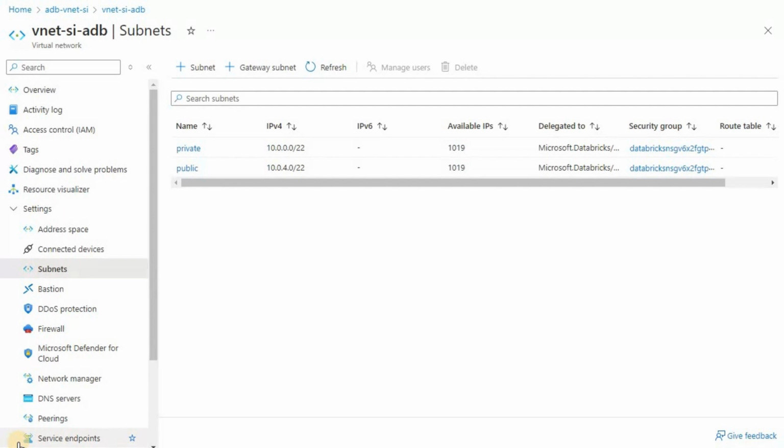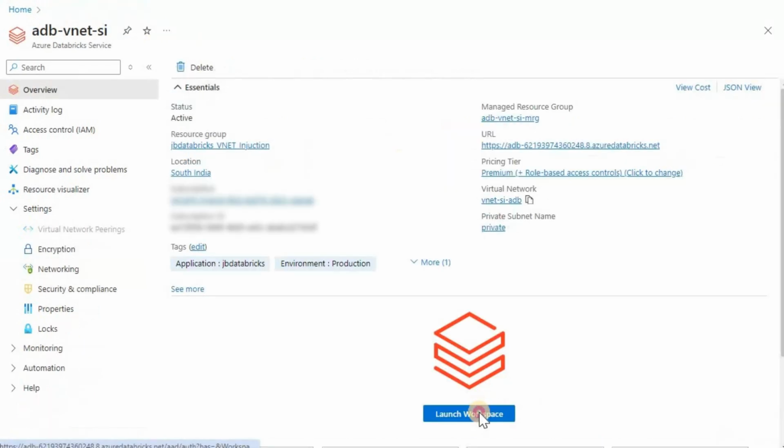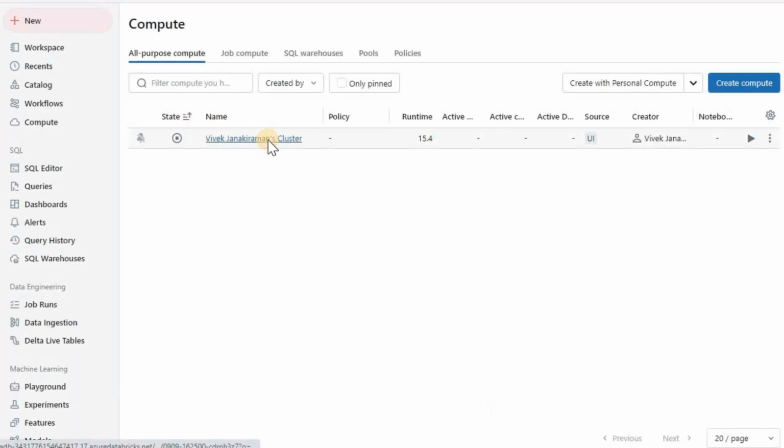On the other hand, the private subnet is where the majority of your internal Databricks components reside, including the worker nodes that perform data processing. These components do not need direct internet access, but still need to communicate with other Azure services within your virtual network. Let's launch the workspace here. Let's click on the cluster.